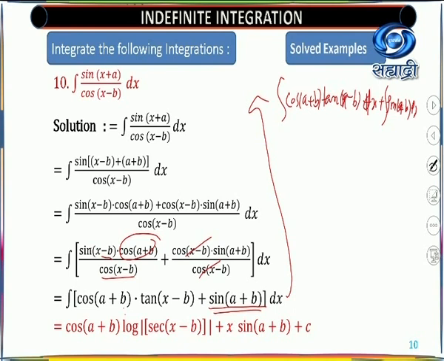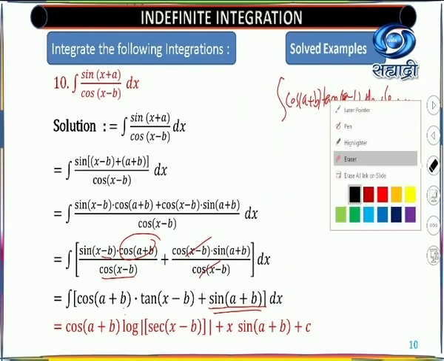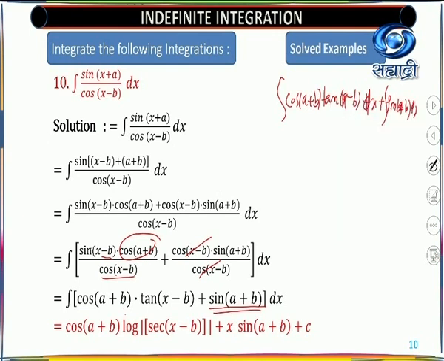So here also you will take this constant term outside. What is the constant term in the first term? In the first term it is nothing but cos a plus b. So here you are able to take cos a plus b, integral of tan x minus b dx. Okay. And here this sin a plus b is also constant. So you will get only integration of dx.